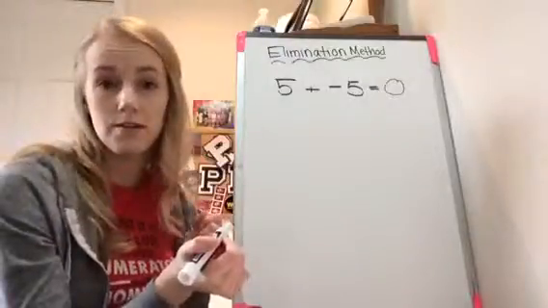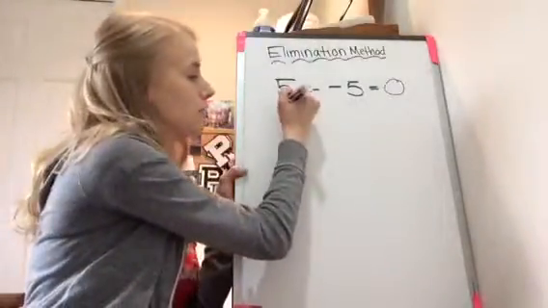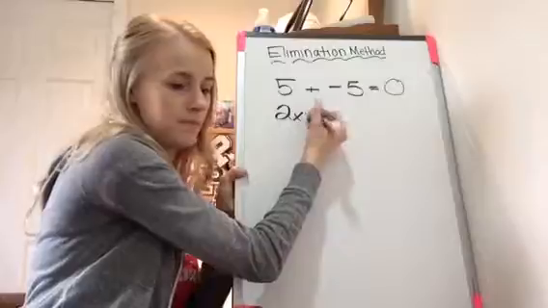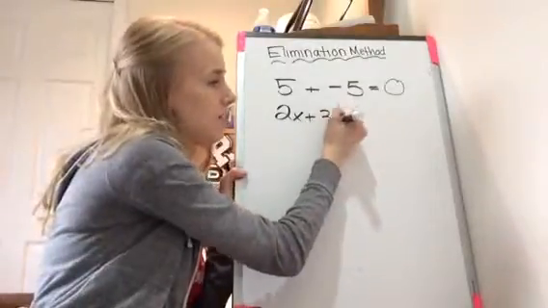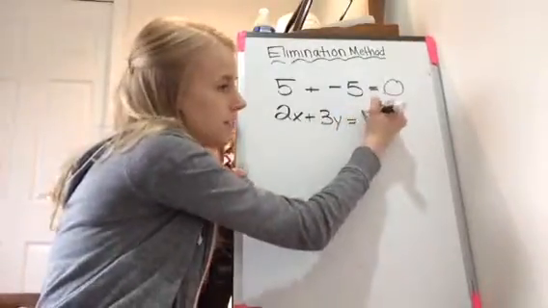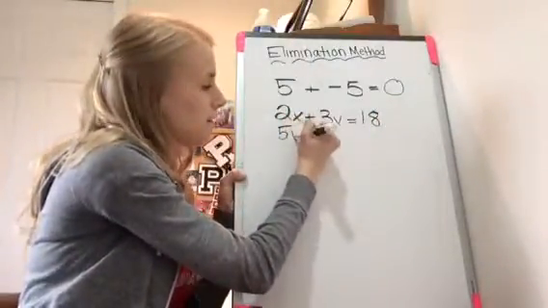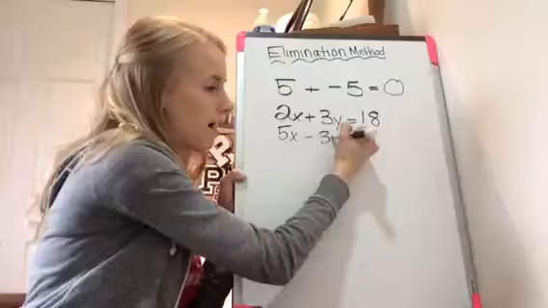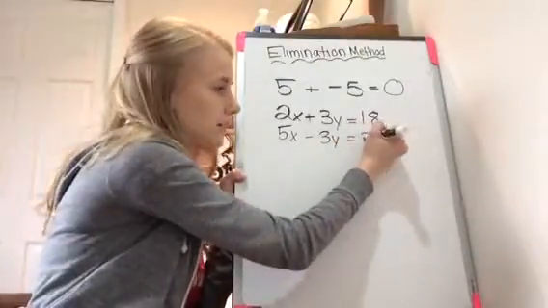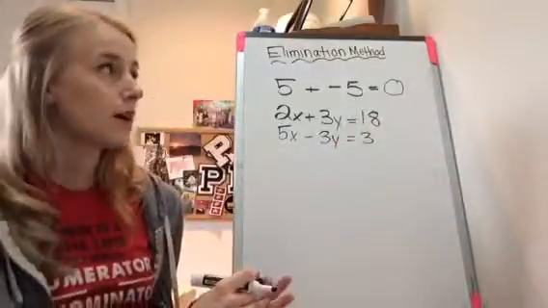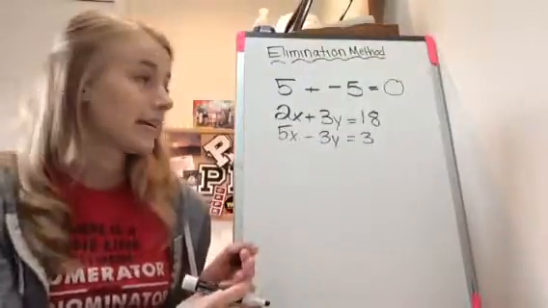So the first one on your notes is the equation 2x plus 3y equals 18, and then 5x minus 3y equals 3. All right, so I'm going to be looking for something that I can cancel out.